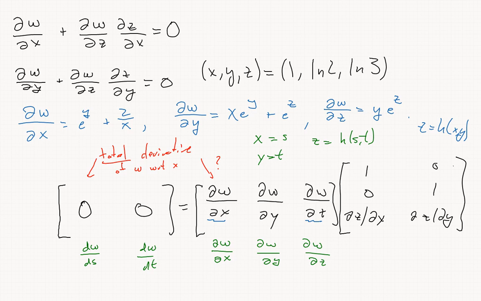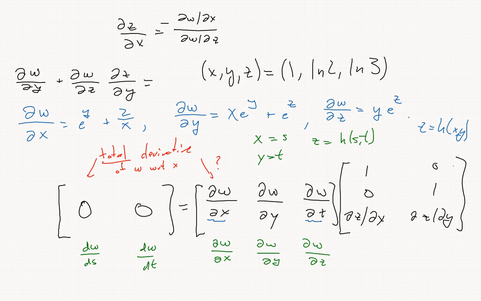And so we solve: del z over del x will be negative del w over del x over del w over del z, and del z by del y similarly will be negative del w by del y over del w by del z.